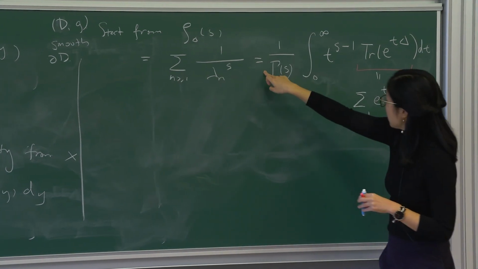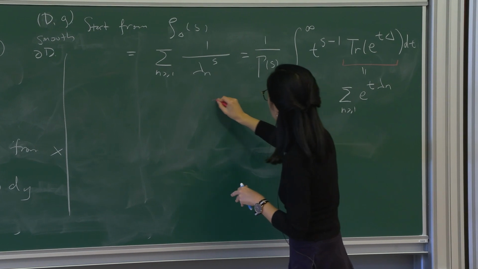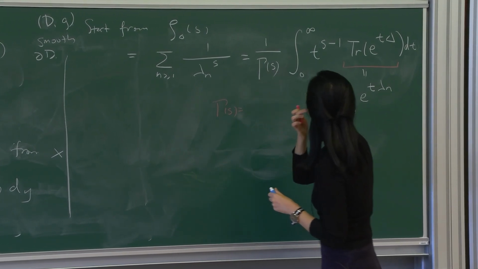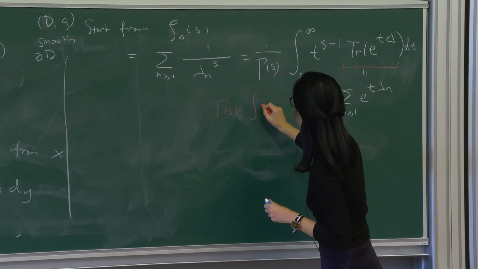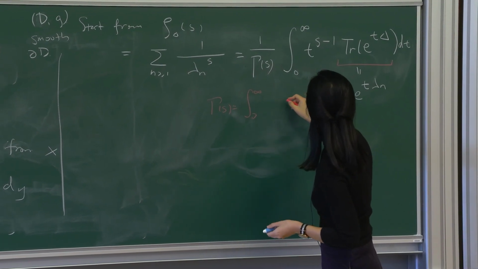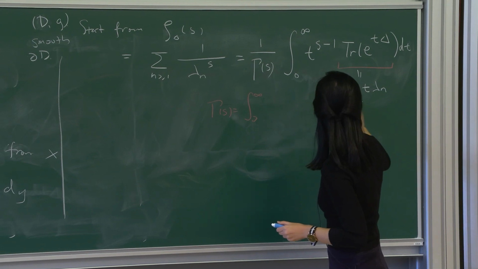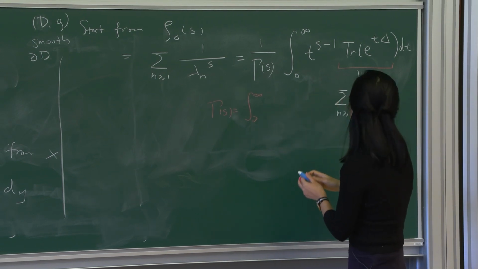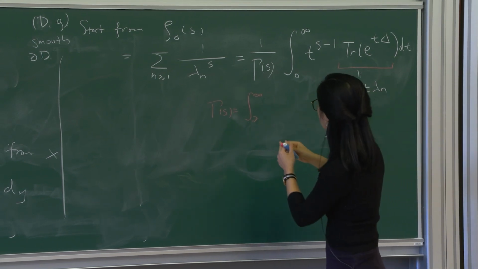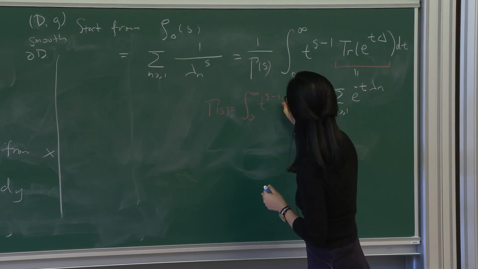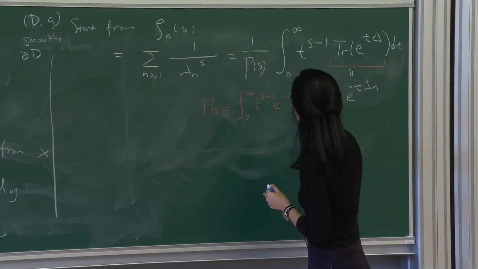Okay, why do we have this identity here? I recall the gamma of s. This is just the integral from 0 to infinity, sorry, there's a minus sign here, of t to the s minus 1 times exponential of minus t, dt.